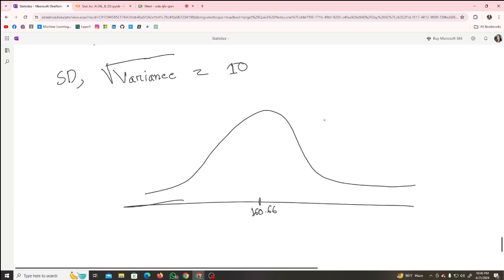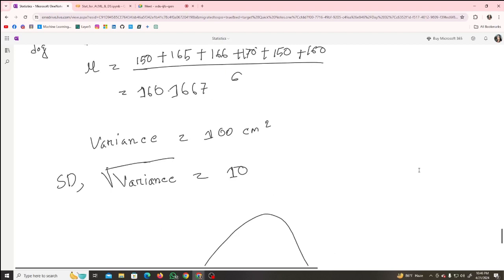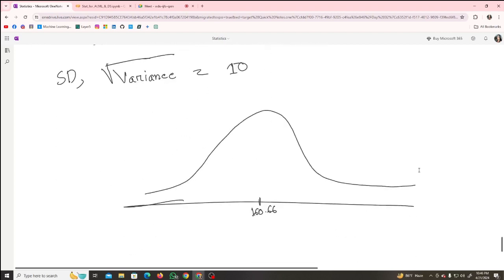By the standard deviation, we will understand that after 10 units, let me write it: 170, 180, 190, 150, 140, 130, 120, and this is our mean.